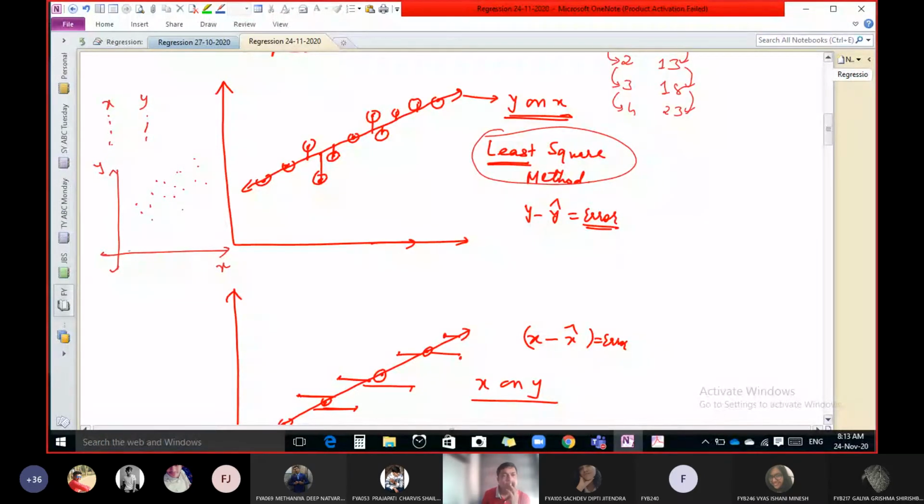Now we know that if we have points like this, then according to the scatter diagram, there is a positive correlation.